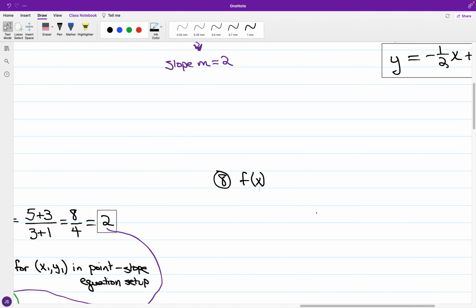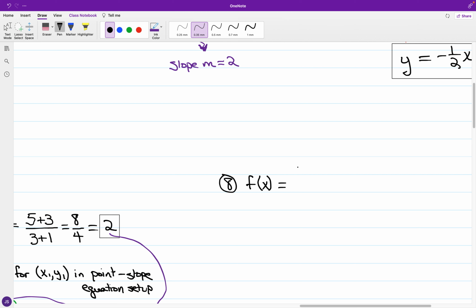Okay, and so we have with number 8, so we have that f of x is equal to the negative of x squared minus x followed by the addition of 4. Okay, and so with the first value, you have f of 3.